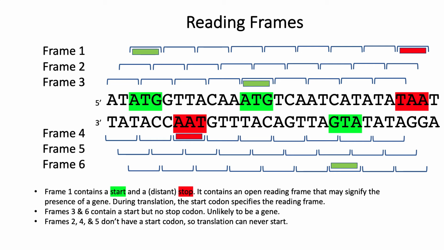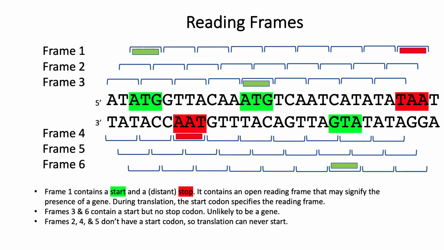Researchers sometimes look for what is known as an open reading frame when they're trying to figure out where a gene starts and ends. They reason that a gene has a long distance between the start and the first stop codon. In this simple example, frame 3 would not be an open reading frame because it has the start but no stop codon.